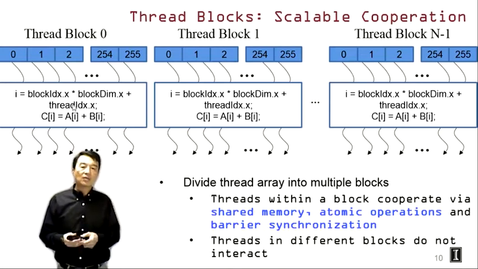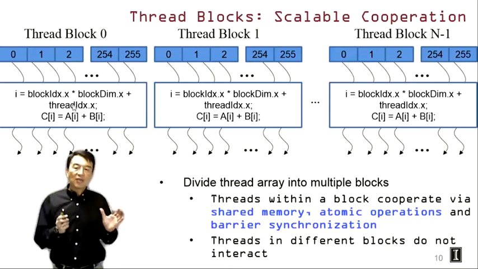So the threads within a thread block can cooperate through shared memory, atomic operations, and barrier synchronization. At this point, it's sufficient for you to just be familiar with these three terms, because we're going to go into much more detail.